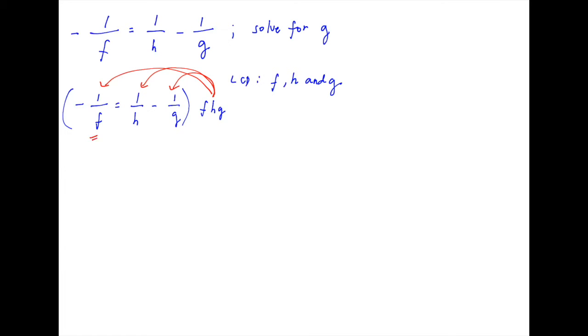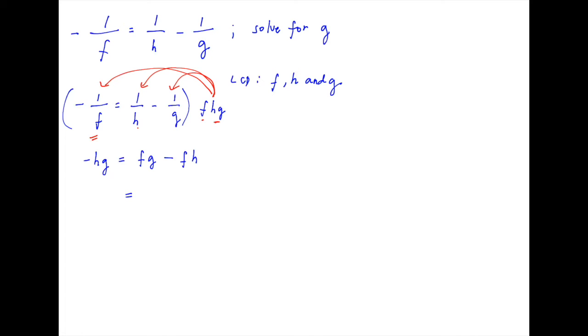So, negative 1 over f times fhg, that is simply negative hg, and this times this is simply fg, minus, and then this part, fhg times 1 over g, that is fh.